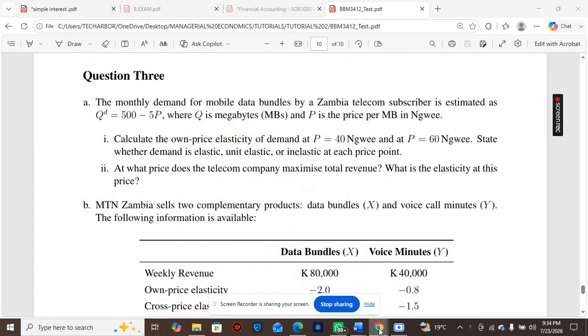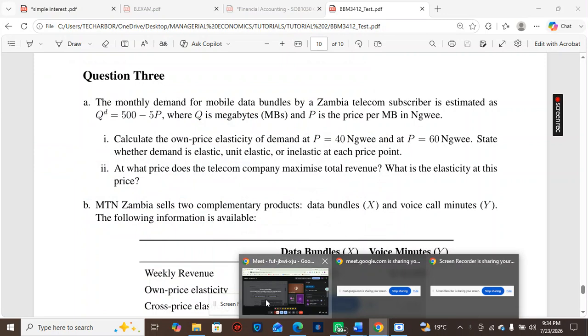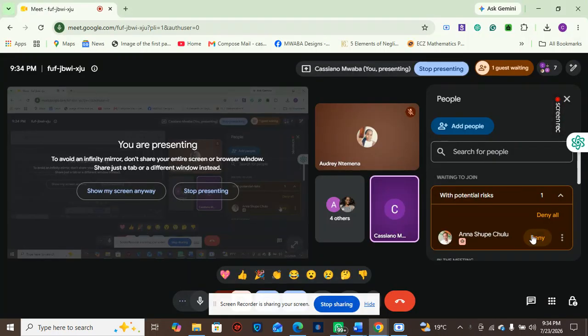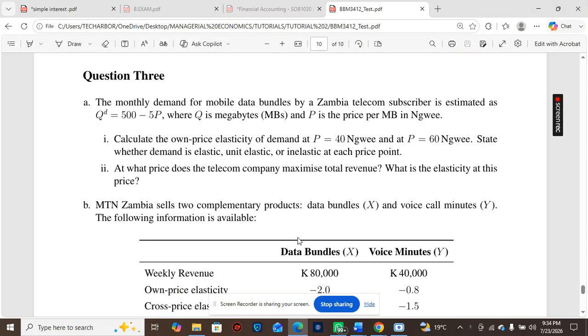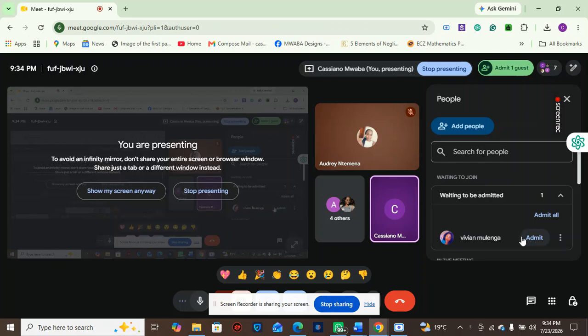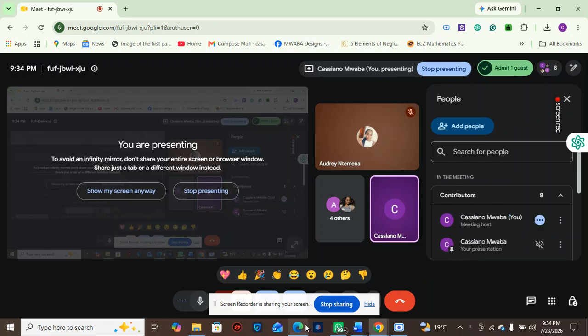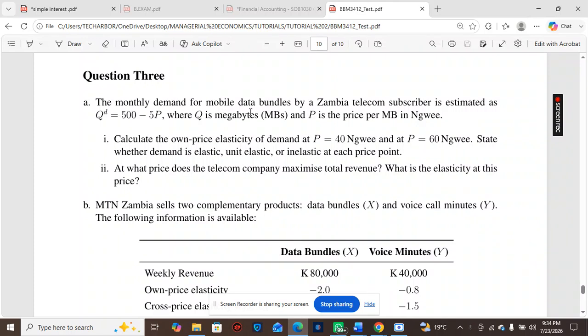So question 3 reads, the monthly demand for mobile data bundles by Zambian Telecom subscribers is estimated as QD equals 500 minus 5P, where Q is the megabytes and P is the price per megabyte in Ngwe.